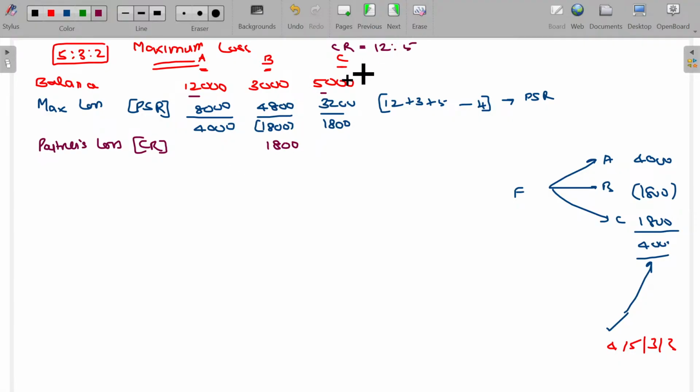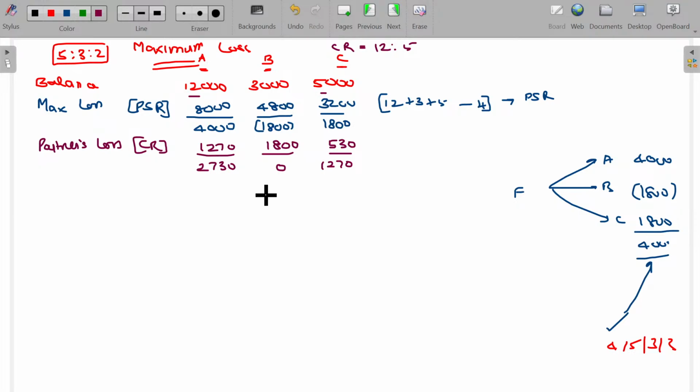Come on, tell me. 1,270, 530. Now if I subtract this, you will get 2,730 minus 1,270. From the balance amount, first you adjusted the maximum business loss.